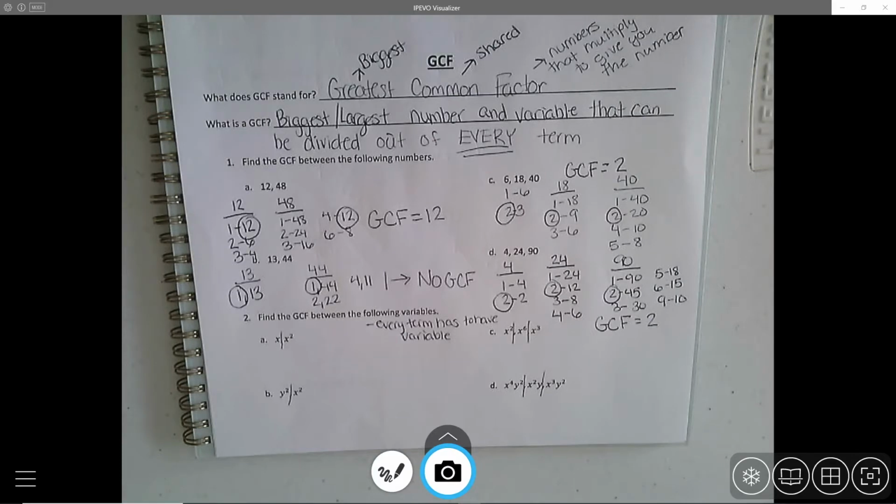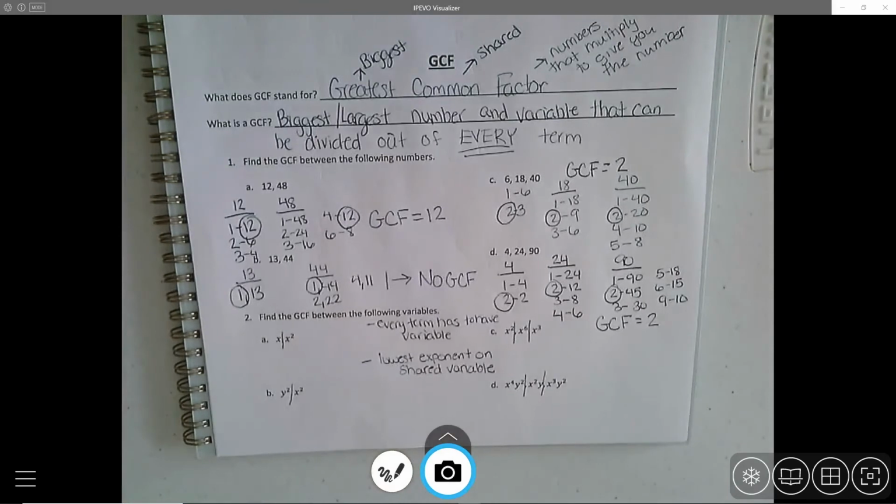Okay, so you're going to first ask yourself, which variable, and it may be none, which variable does every term have? And then how you know what to do with the exponent is it's the lowest exponent on that shared variable. So if you think everything has an x on it, you're going to look and say, which is the lowest exponent on x?